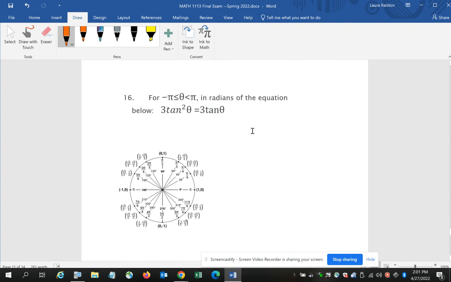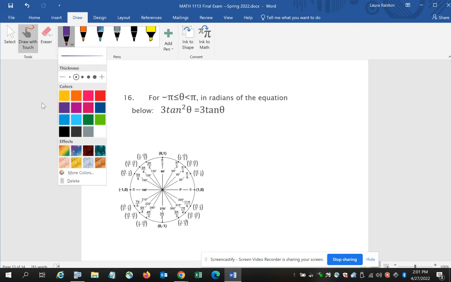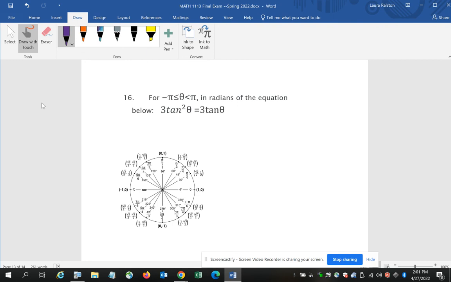And then the last question says, for negative pi, including negative pi, to pi, not included, in radians, find the solutions for this equation. So you have 3 times tangent squared theta equals 3 tangent theta. So the first thing I'm going to do is get these things on the same side of the equal sign. So I'm going to have 3 tangent squared theta minus 3 tangent theta equal to 0.